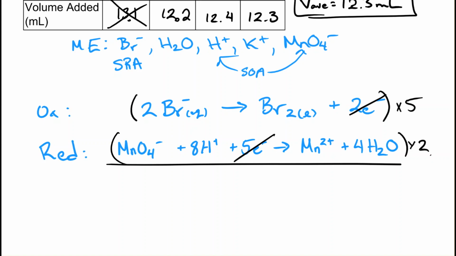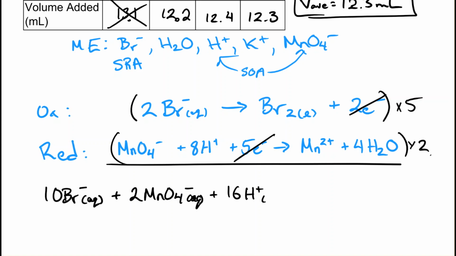We just have to write out all the other things. 5 times 2 is 10 bromide ions. 2 times 1 is 2 permanganate ions. 2 times 8 is 16 hydrogen ions.